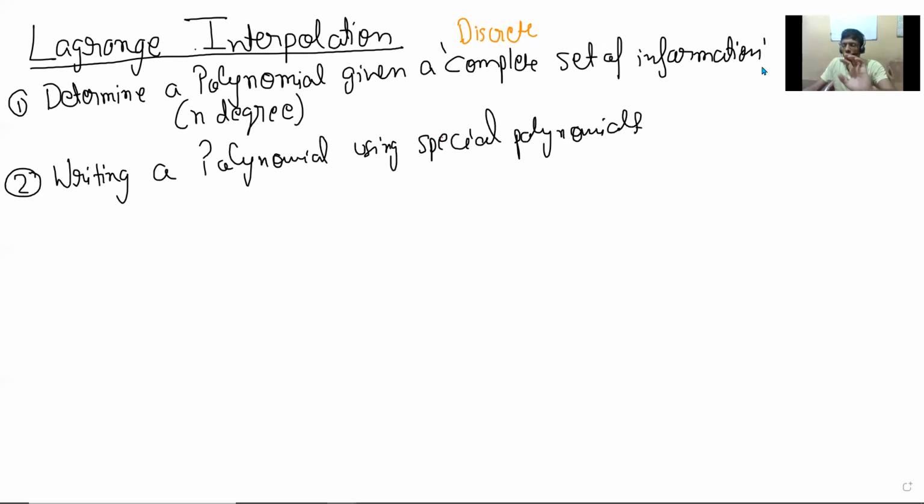Well, when you write any polynomial, what are you doing? You're writing this polynomial using some special polynomials, right? Using x cube, x square, x, and the constant polynomial, maybe 1, right? And when you're writing a polynomial using these polynomials, then you're getting these coefficients. Maybe they're not so good coefficients.